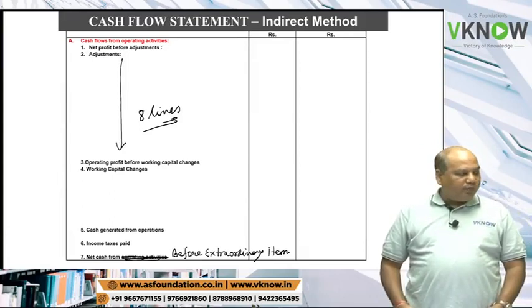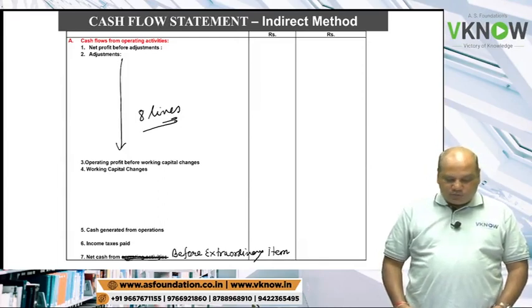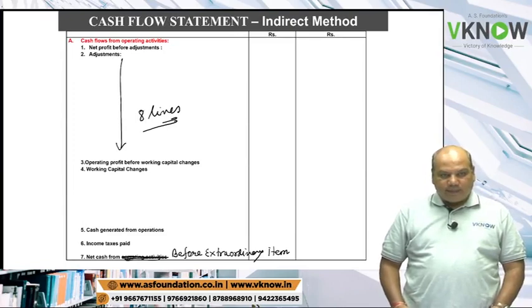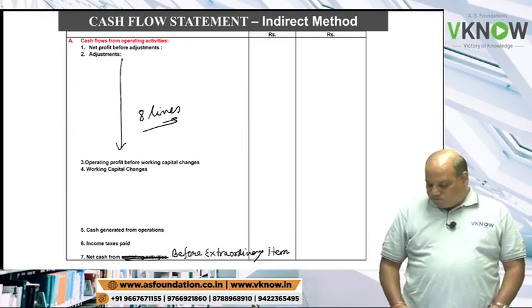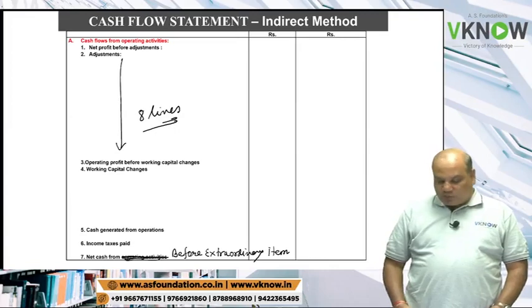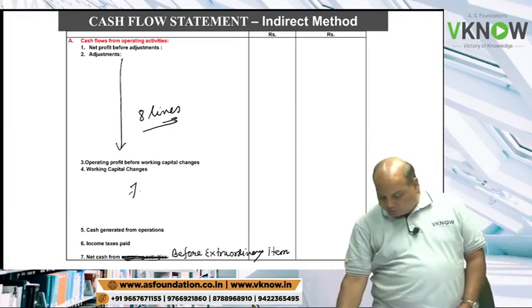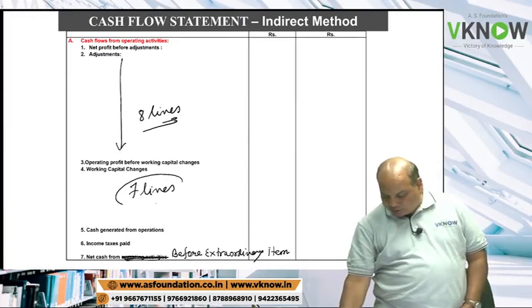Point number 4, working capital changes, keep around 7 lines blank minimum.